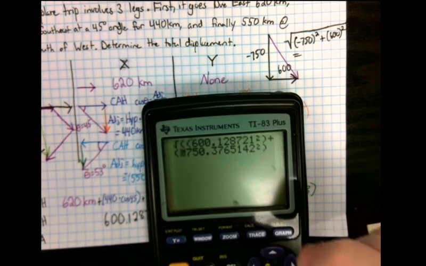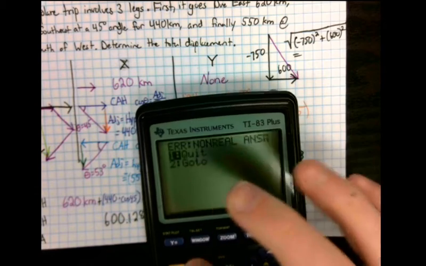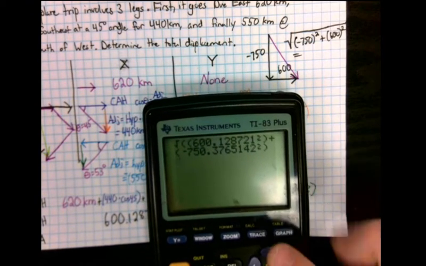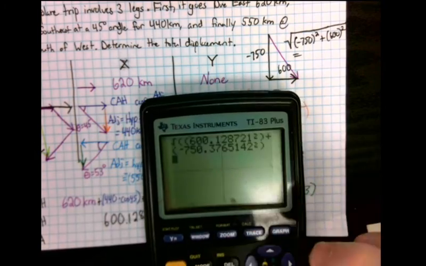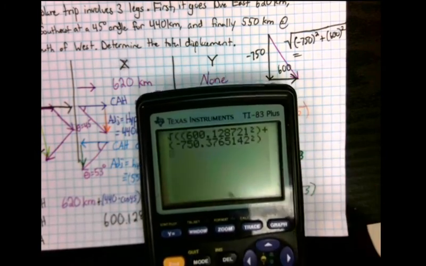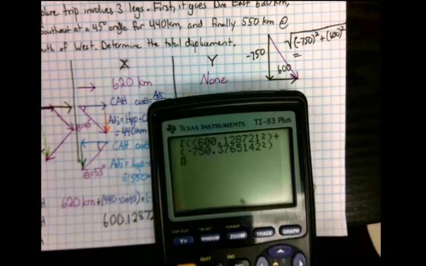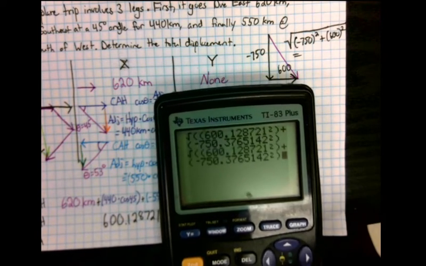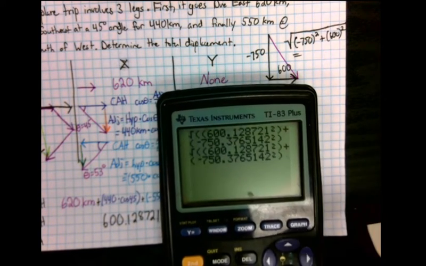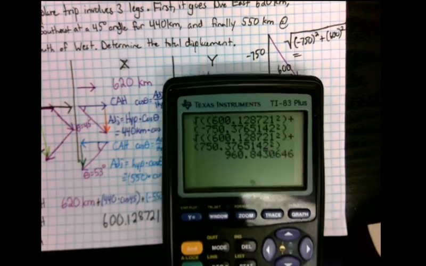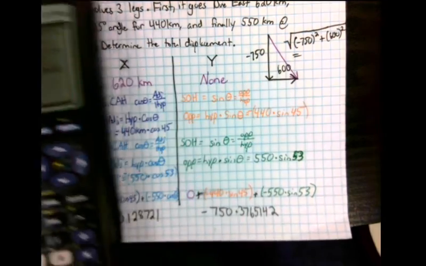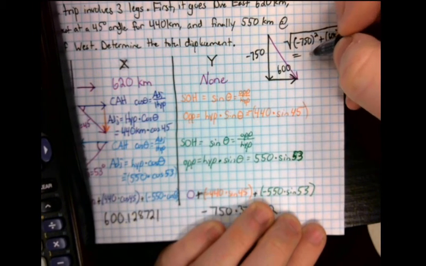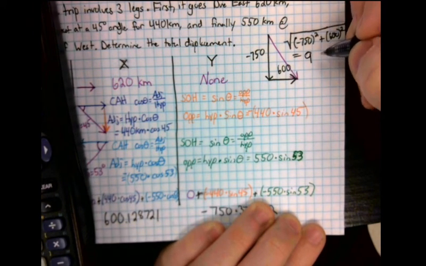Oh, it's squaring that number, so it's weird that it doesn't work. Did I do my parentheses incorrectly? No. Okay, well, we know that when you square this negative number, it's going to give you a positive answer. So it's weird that the calculator doesn't register that. We can just go ahead and plug it in. We get 960.84.